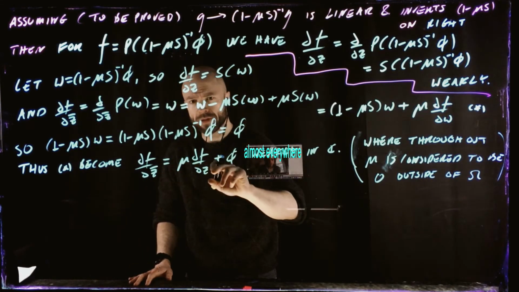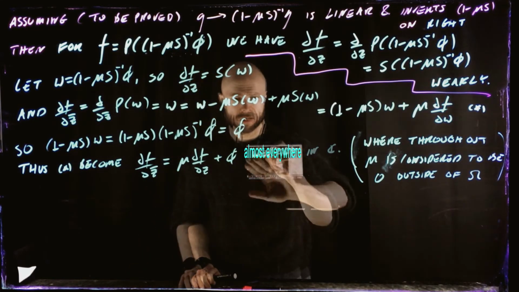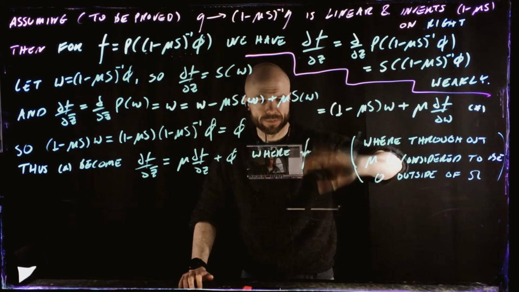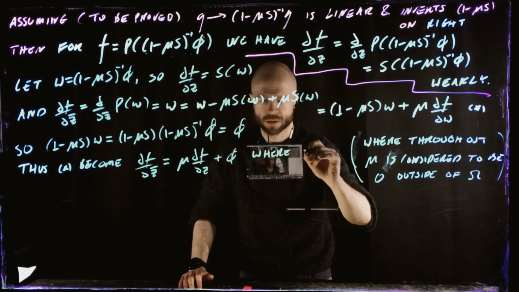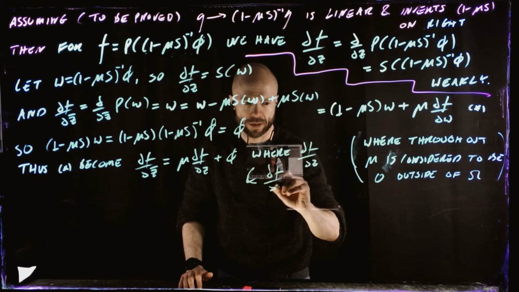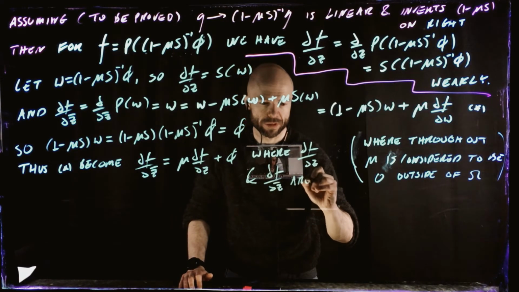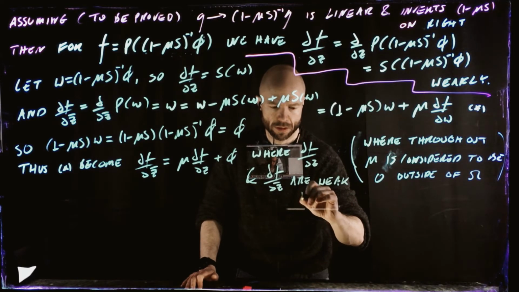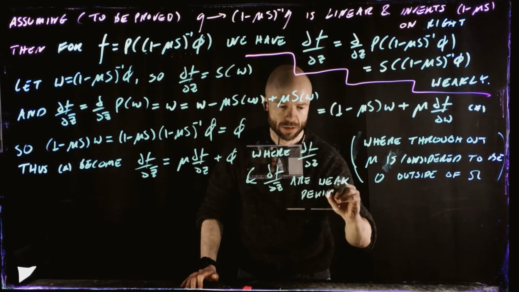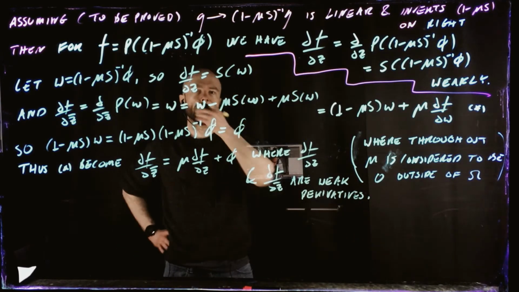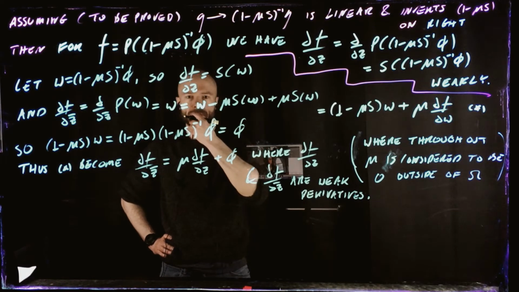These are weak derivatives, not pointwise derivatives, where df by dz and df by dz bar are weak derivatives. Okay, cool. So is everybody happy?